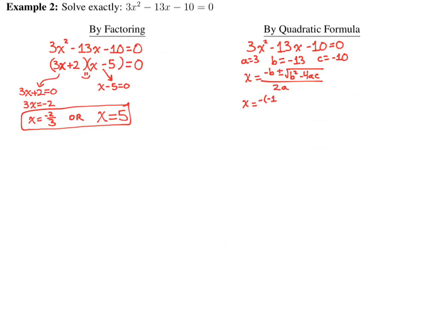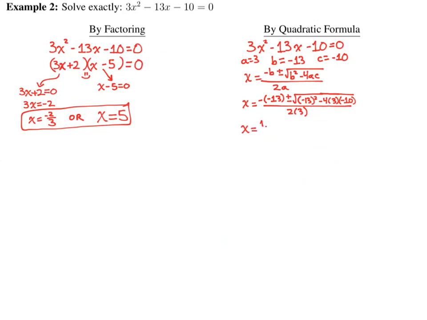Throwing some numbers in, so we're talking about the opposite of the negative 13, plus or minus the square root of negative 13 squared minus 4 times 3 times negative 10, all over 2 times 3. Okay, that's just throwing the numbers in, but pay attention to what happens next. There are a couple key things I want to make sure that you're noticing, just kind of on how you line up numbers.